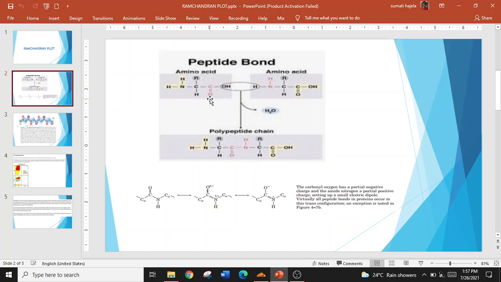So, the spatial arrangement of atoms in a protein is called a conformation. Actually, this refers to a structural state that can, without breaking any covalent bond, interconvert with other structural states.